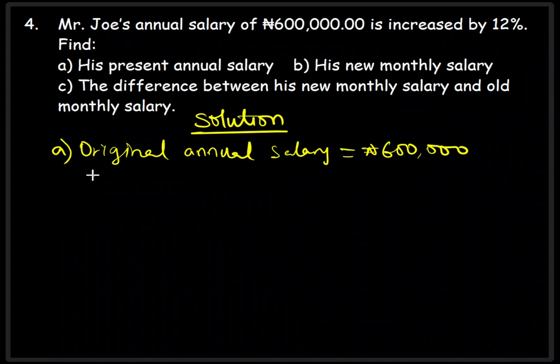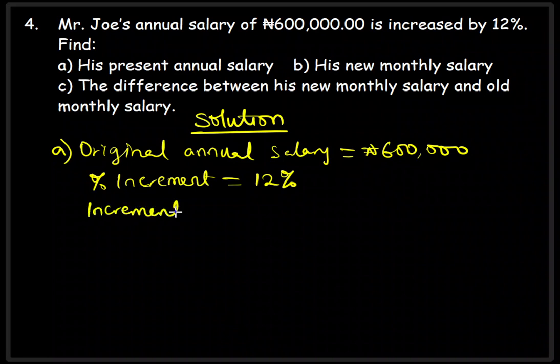The percentage increment is equal to 12%. So, his present annual salary is the new annual salary. Of course, we need to get our increment first, before we can talk about getting the new salary.